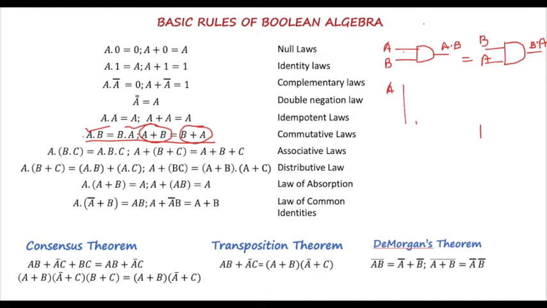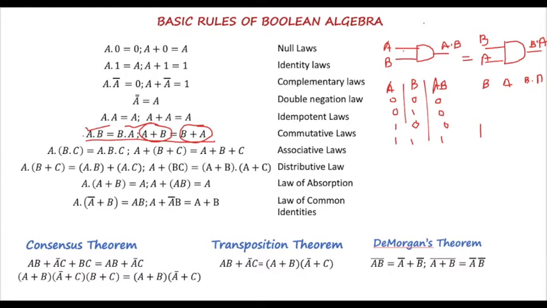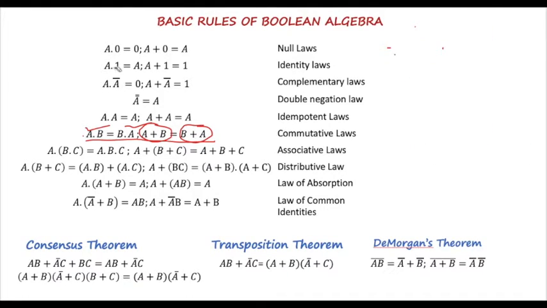Here A, B, in this case AB: 0 0 gives 0, 0 1 gives 0, 1 0 gives 0, and 1 1 gives 1. In this case B dot A: if B equals 0 and A equals 0 it gives 0, 0 1 gives 0, 1 0 gives 0, and 1 1 gives 1.